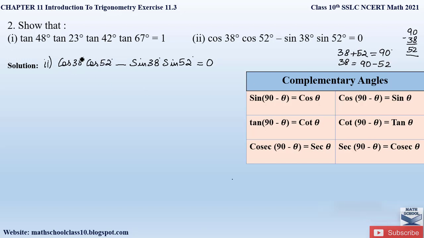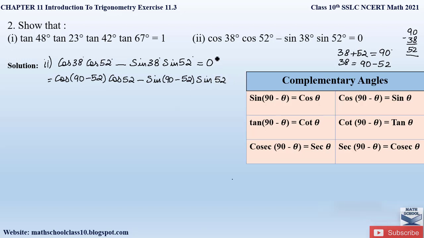Here we will substitute the value of 38 degree as 90 minus 52 in cos 38 degree and sin 38 degree in both the cases. So instead of cos 38, I am going to write cos of 90 minus 52 into cos 52 degree, minus again sin 38 degree can be written as sin of 90 minus 52 degree into sin 52 degree.